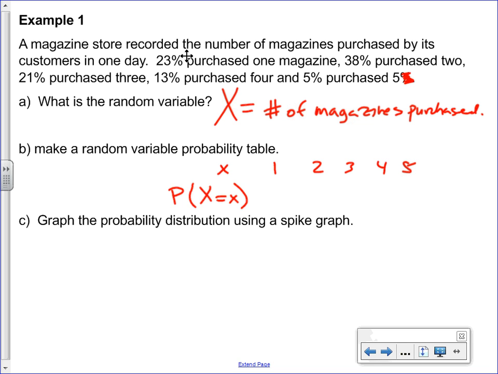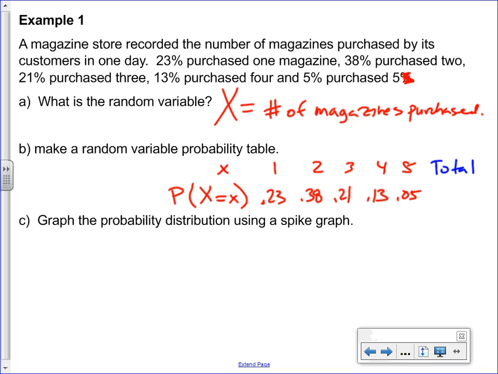The probability of purchasing one magazine was 0.23, 2 magazines was 0.38, then 0.21, 0.13, and 0.05. Guess what happens when you add all that up?